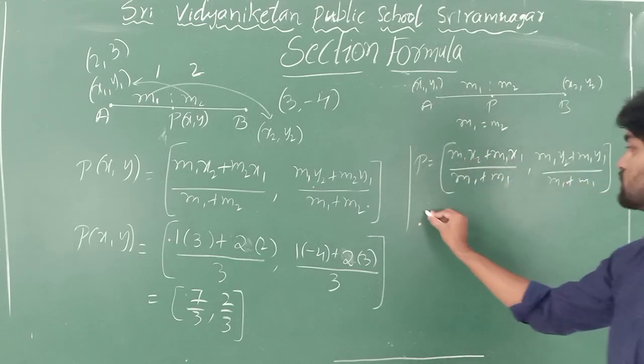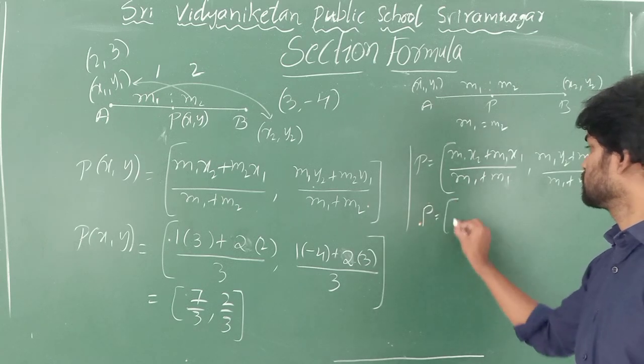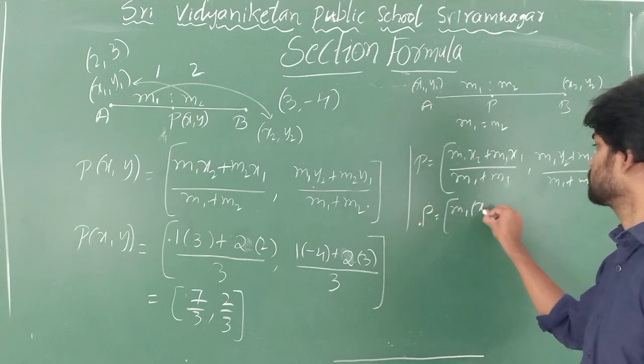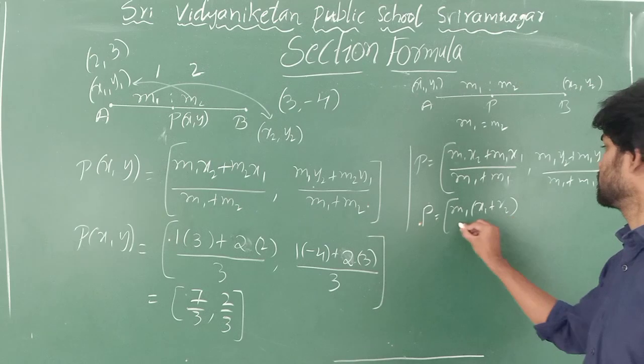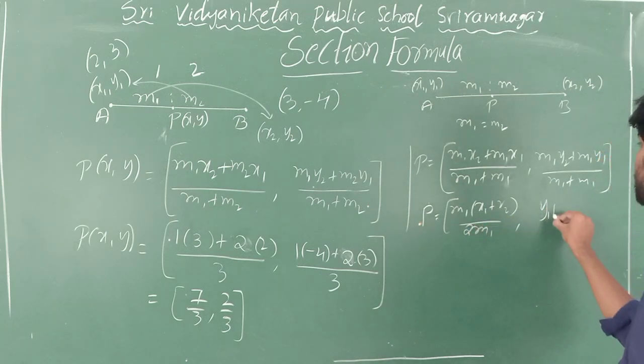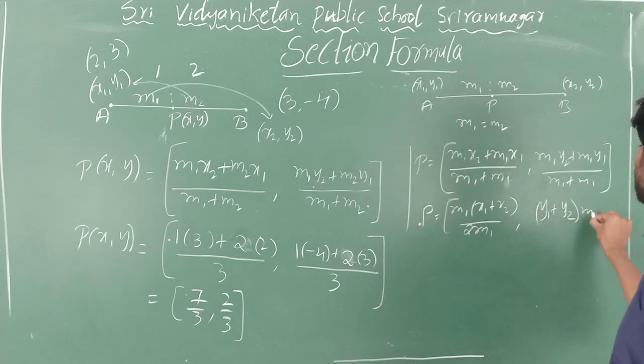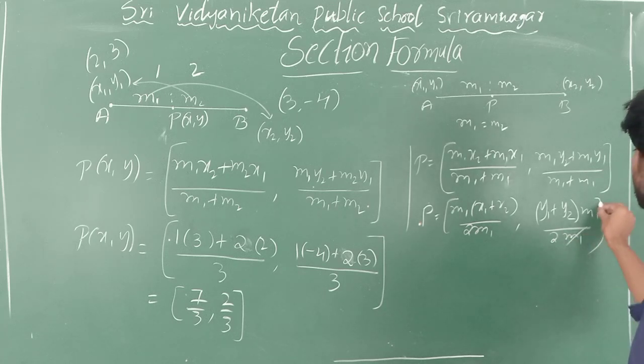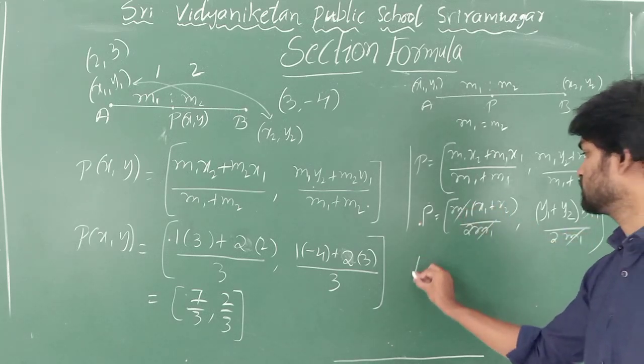Here M1 is common. Taking M1 out, M1 times (x1 plus x2) divided by 2 M1, and M1 times (y1 plus y2) by 2 M1. Here M1 gets cancelled in numerator and denominator.